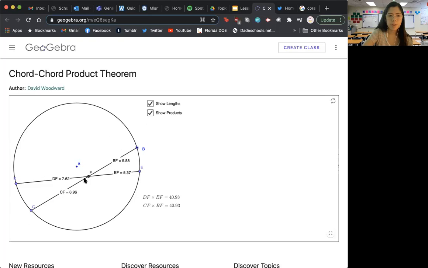If CB is the whole chord, C to the place where they intersect times B to the place where they intersect equals 40.93. And on the other side, if DE is the whole chord, DF times EF is also 40.93. So this is called the chord-chord product theorem. And we're going to talk about it a little bit more in depth. So let me switch back.